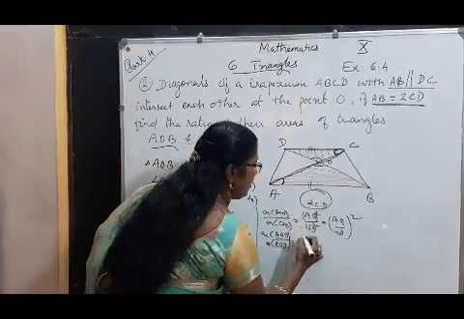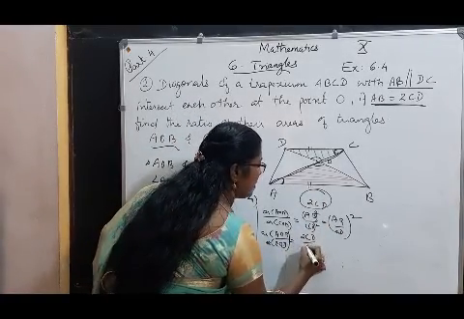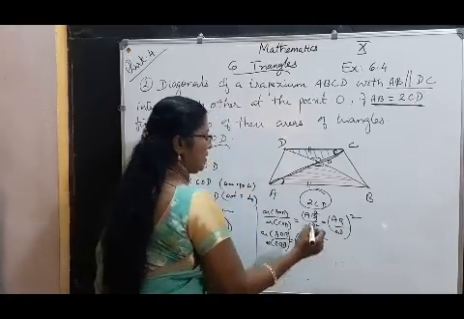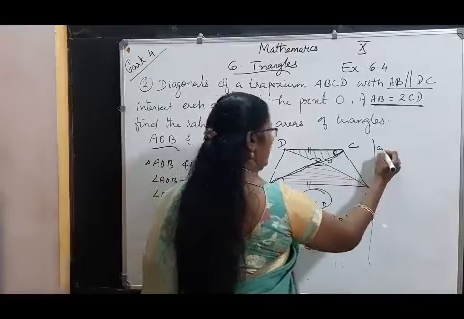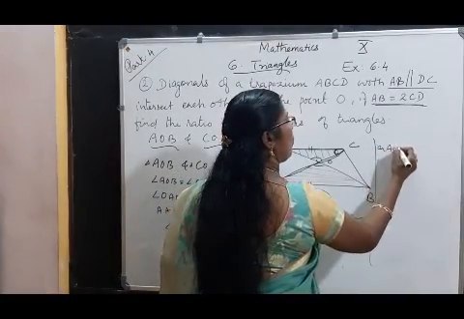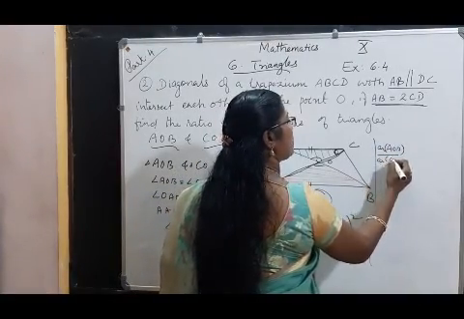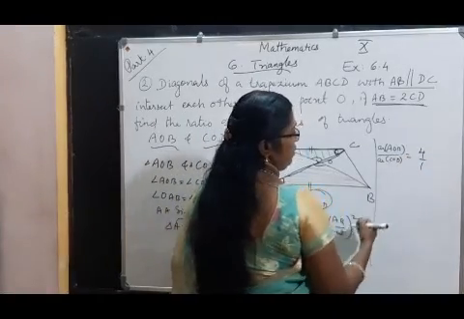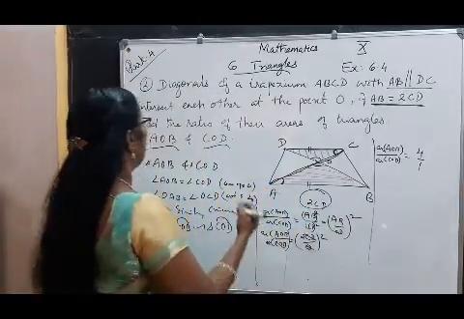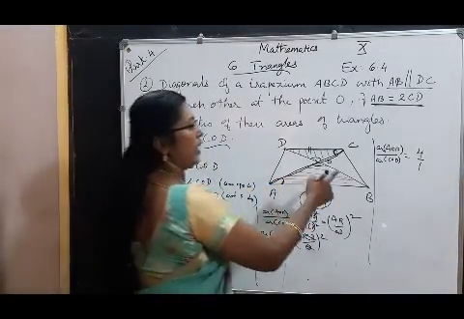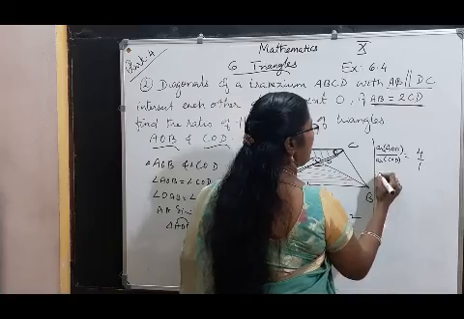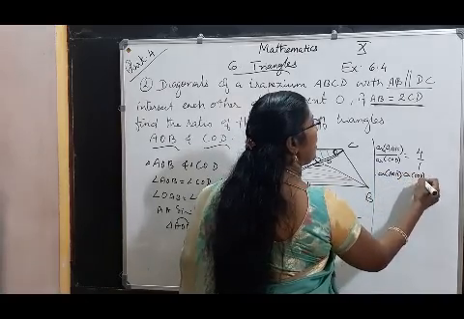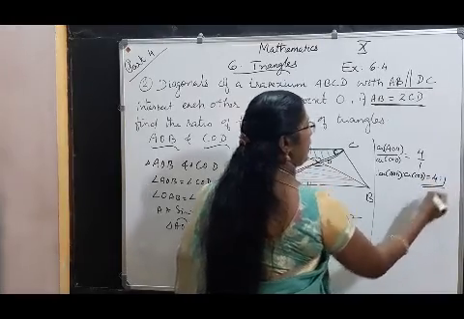AB is 2CD. 2CD by CD, the whole square. The CD cancels. Area of AOB by area of COD equals 2 square is 4, 1 square is 1. Our aim is the ratio of AOB and COD. Therefore, area of AOB is to area of COD equals 4 is to 1.